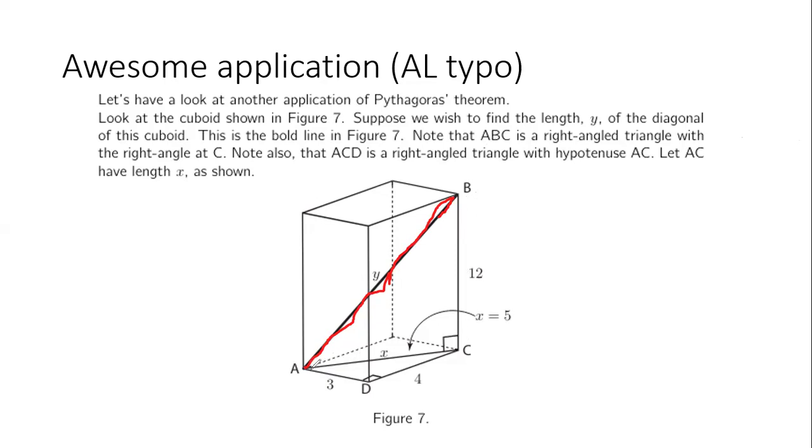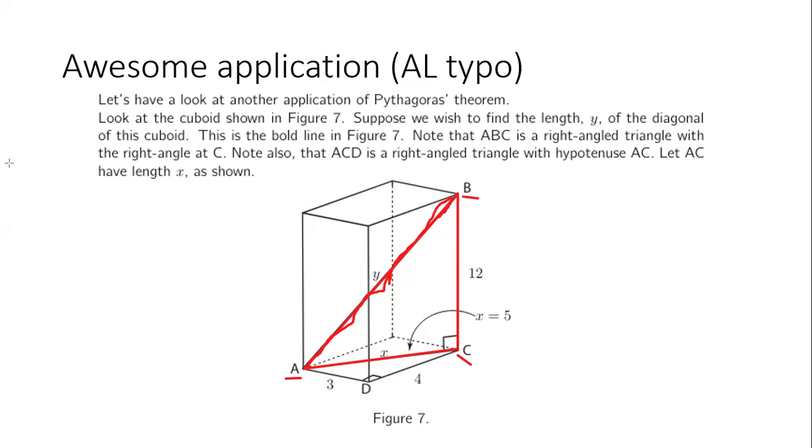For example, you can see using this, if you want to find this y length, if I take the rest of the lengths, you can see a triangle formed as ABC.